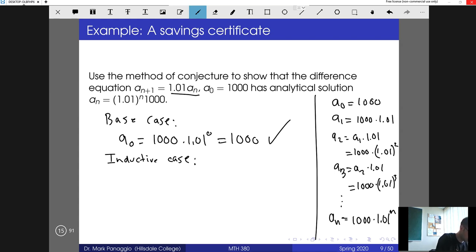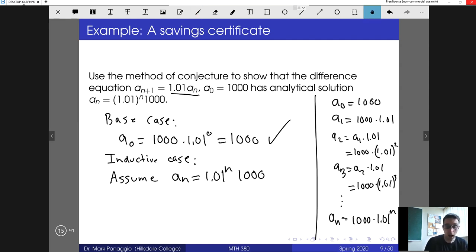All right, and so we'll assume An is equal to 1.01 to the n times 1,000, and that's for some particular n. And now we need to show that that same formula works for n plus 1.